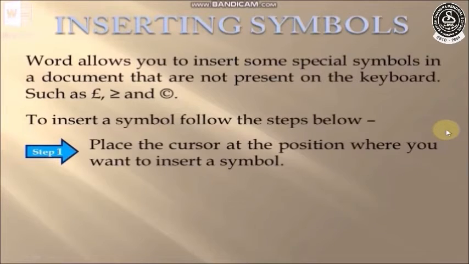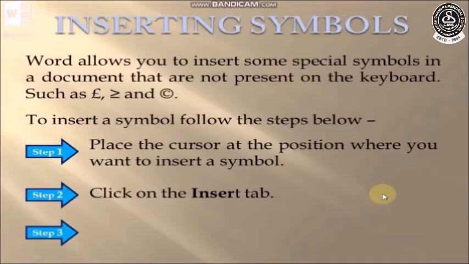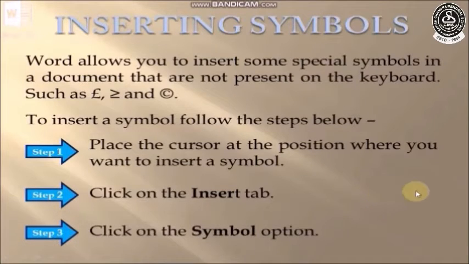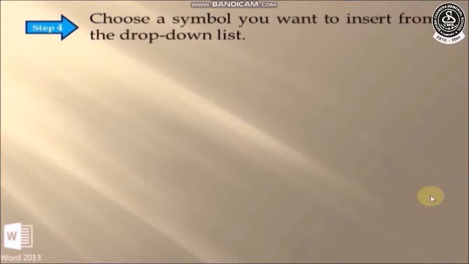Step number 1, place the cursor at the position where you want to insert a symbol. Step number 2, click on the Insert tab. Step number 3, click on the Symbol option. Step number 4, choose a symbol you want to insert from the drop-down list.